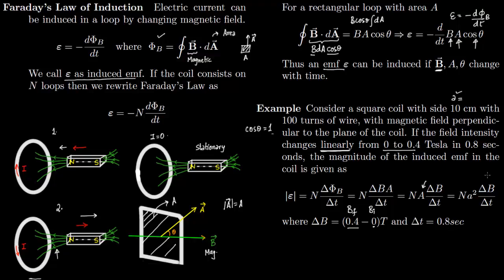Now you just plug those values into this formula. N is given as 100, the side is 10 centimeters or 0.1 meters, so 0.1 squared. You write 0.4 over 0.8, and compute the induced EMF. You get the induced EMF as 0.5 volts. And recall that EMF is just like a battery, so its unit is volts.